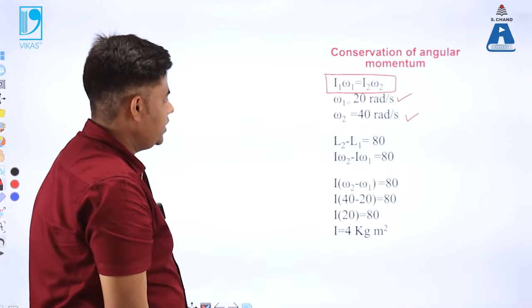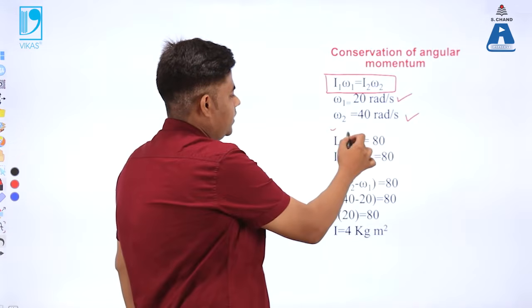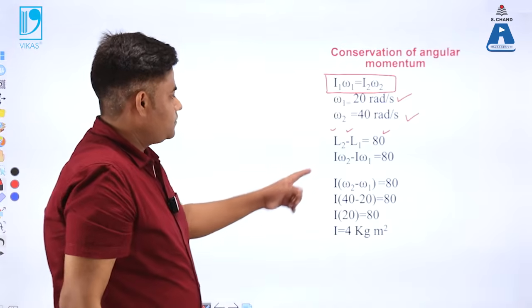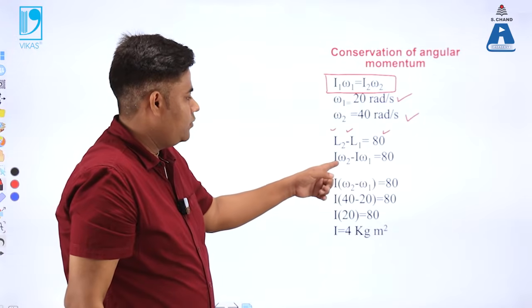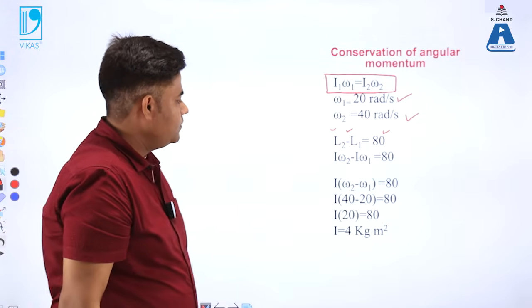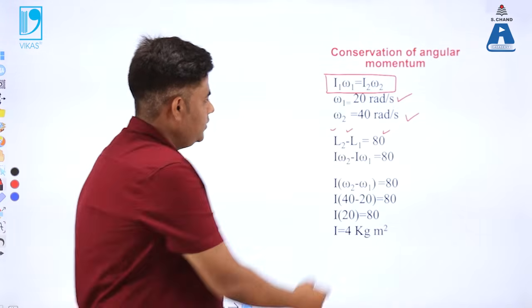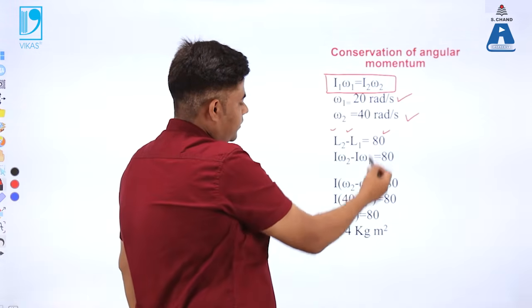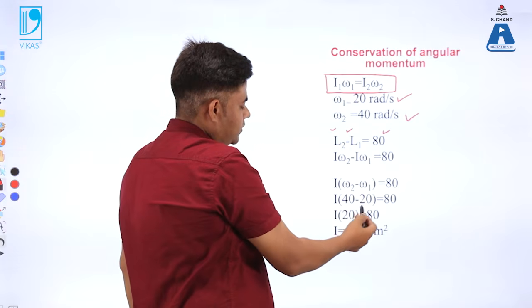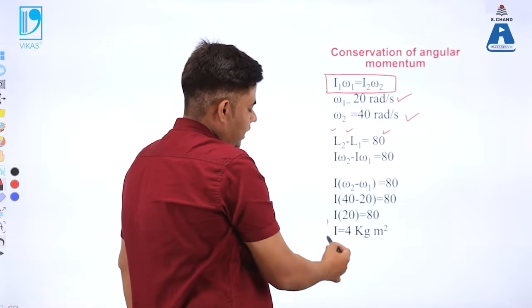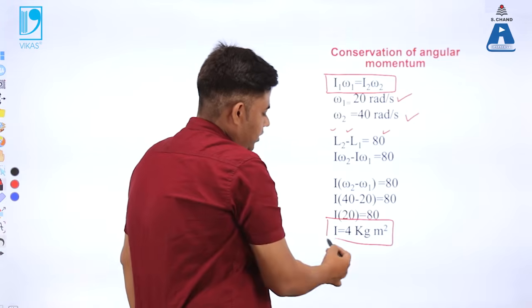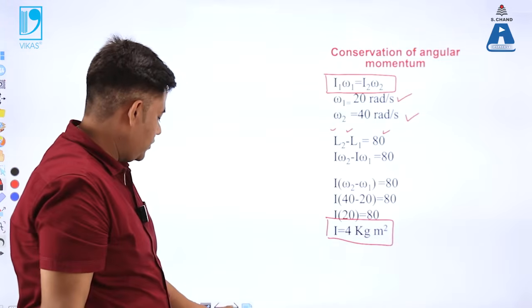That means the change in angular momentum, L2 minus L1, is 80. So I need to put in the value I omega 2 minus I omega 1, and we can take I as common. Omega 2 is 40 and omega 1 is 20, so this becomes 20. On solving, I comes out to be 4 kg meter square.